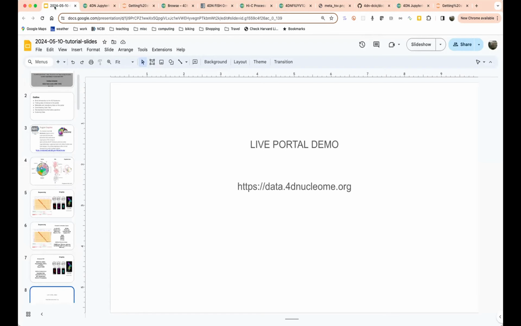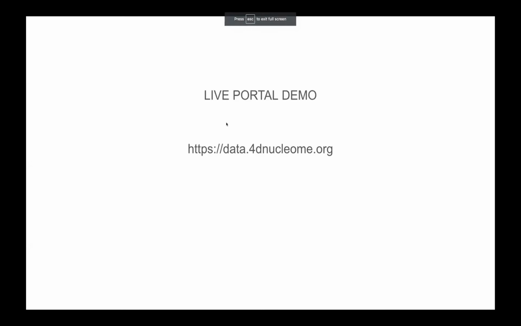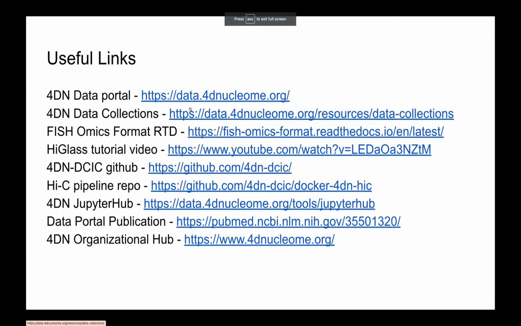All right, so I then want to go back to a couple slides just to wrap up. So here's a slide of useful links. So our data portal, the data collection, I mentioned the FISH omics format. All these are linked from the data portal as well. We have a HiGlass tutorial video on YouTube.